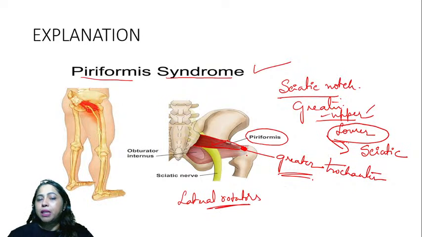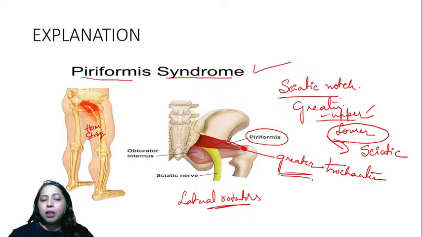When these muscles get inflamed, they can press upon the structures beneath them, that is the sciatic nerve. You can see that the sciatic nerve passes beneath the piriformis and supplies the muscles in the region behind the thigh. These muscles are called hamstrings.